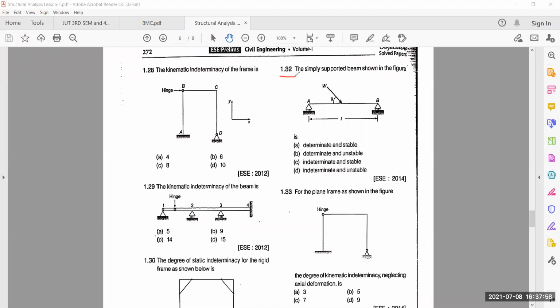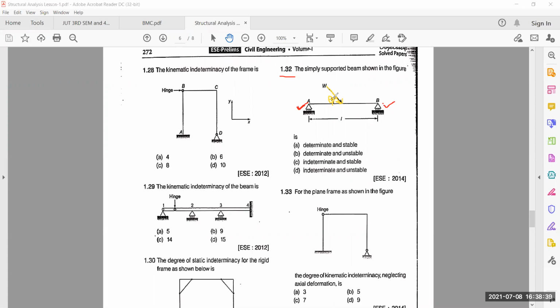So the simply supported beam shown in the figure. Here you have a hinge at this end, a roller at this end, and here also you have a roller at this end. And here you have an inclined loading. You all see you have an inclined loading W at an angle of theta. So check whether this beam is determinate or not, or stable or not.